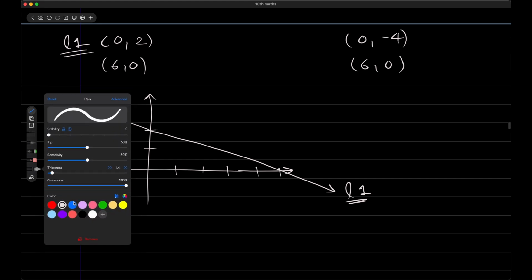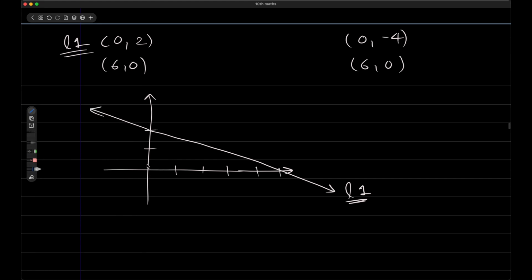For line 2, the points are x is 0 and y is minus 4, and x equals 6, then y equals 0. This is the second line.